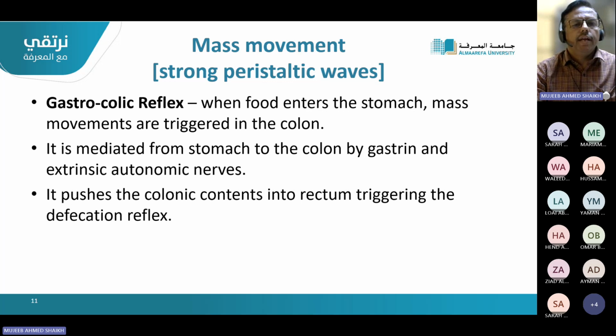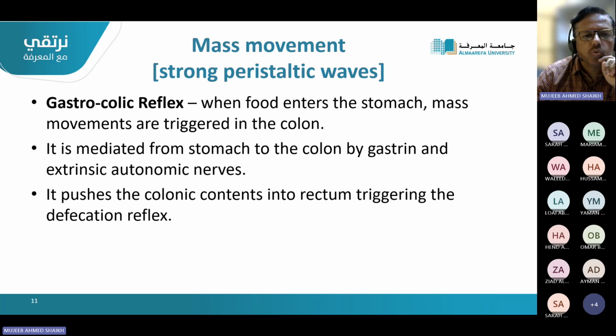Whenever food enters the stomach, it will cause contraction of the colon and may start the mass movement. This is called the gastrocolic reflex, starting in the stomach and causing an effect on the colon.